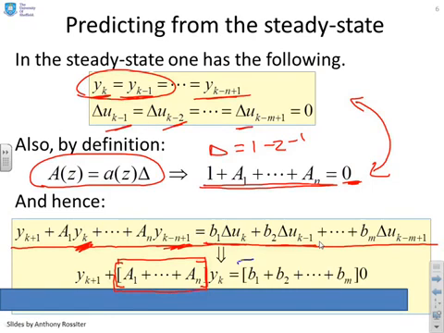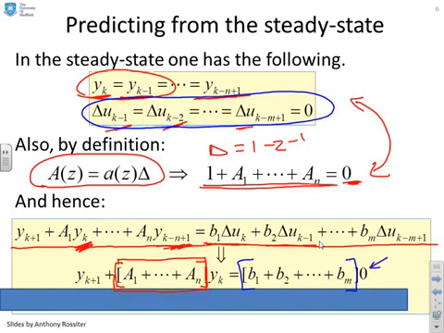Similarly, I can group all the b parameters together and assume that they're multiplying delta u, but you notice here that all the delta u's are 0, so hence I've got a 0 down there. So what I've got is y(k+1) plus the sum of all the a parameters times y(k) equals the sum of all the b parameters times 0. So that's my one step ahead prediction model if I'm already in the steady state.